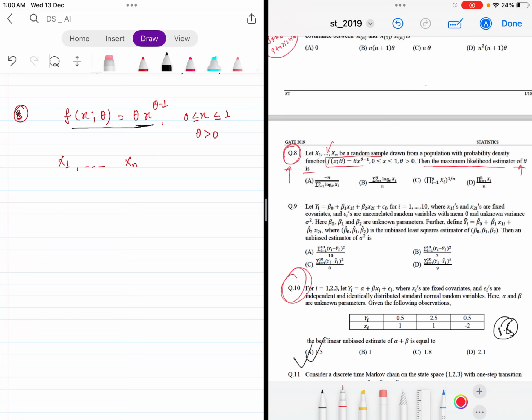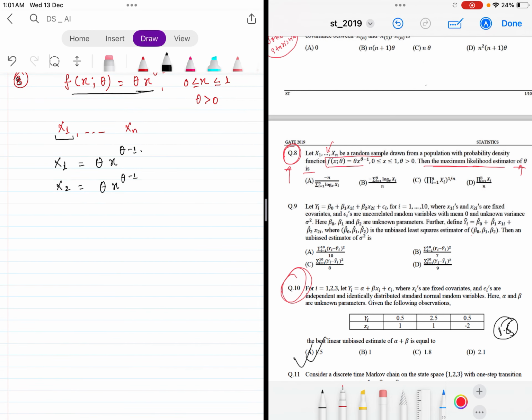If I ask what will be the PDF of the first sample x1, it will be theta x to the power theta minus 1. Similarly, x2 will have the same PDF, right? And similarly, every sample will have the same probability density function.